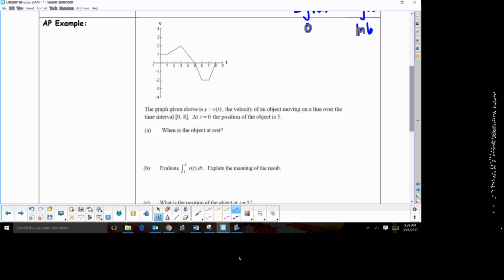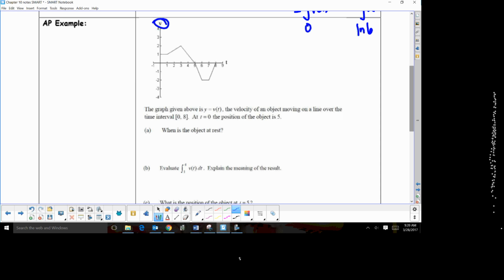Okay, so now we're getting to the free response. So this is the graph, and when I do this, I always circle it and say, that's velocity, so I don't think it's a position graph or anything.